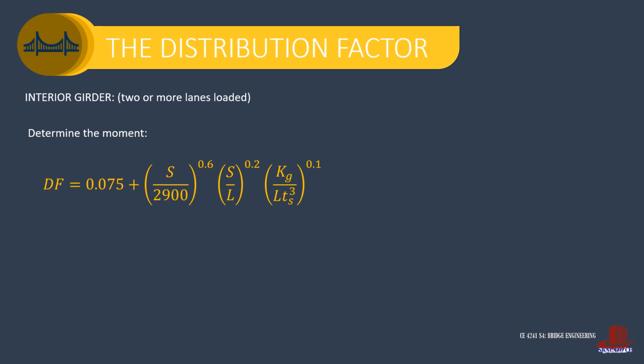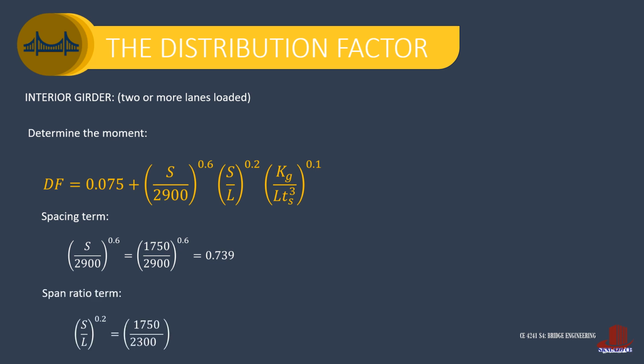Now we can compute for the distribution factor using the equation. The spacing term is 1750 over 2900 raised to 0.6 or 0.739. For the span ratio term, we take 1750 over 23,000 raised to 0.2 or 0.597.